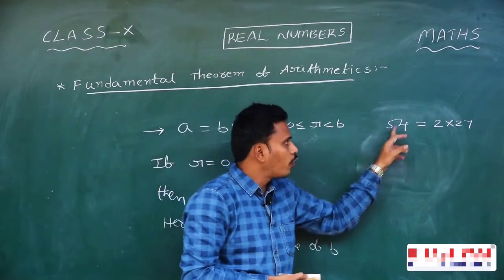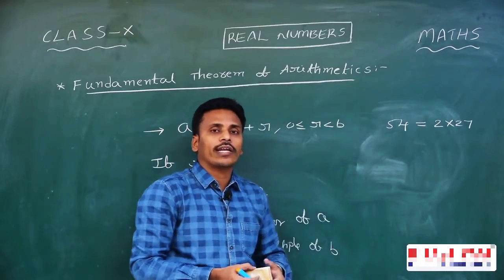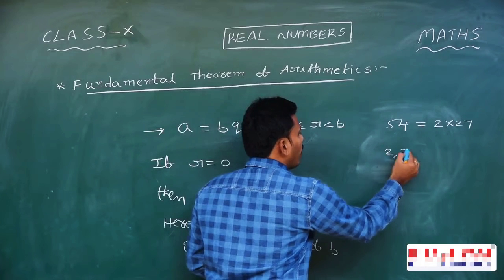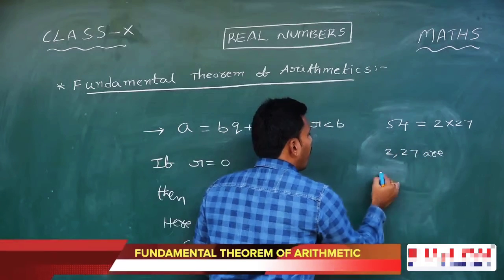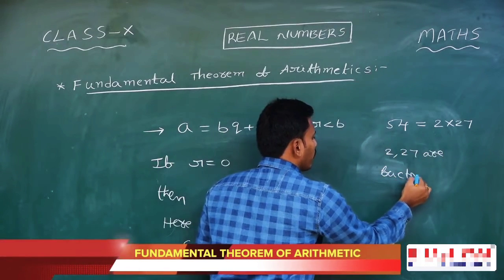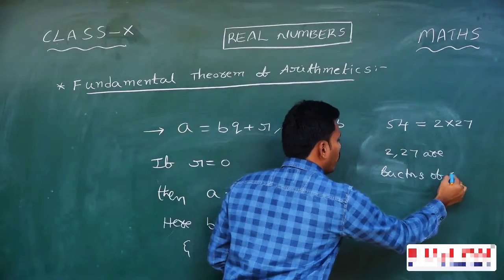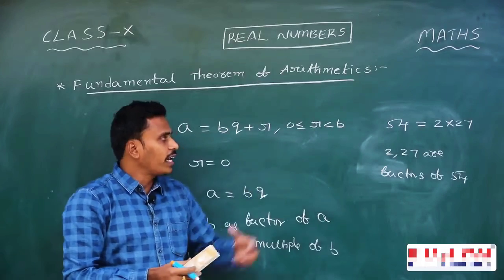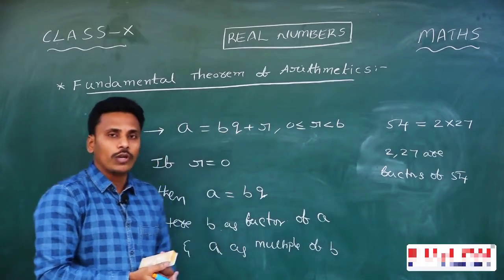When you divide 54 by 27, it also leaves remainder 0. Then in this case, we call 2 and 27 factors of 54, just by writing 54 as a product of two numbers.